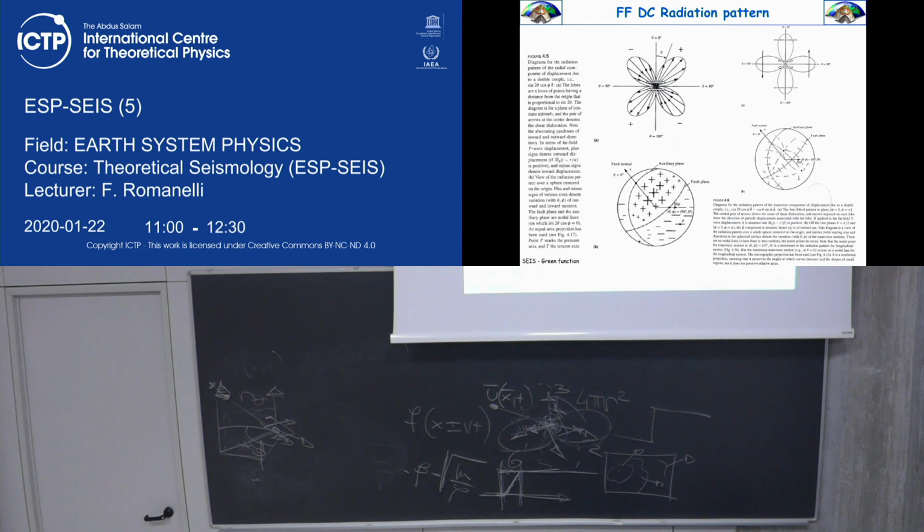This is what we're going to use from now for 5 minutes and the next lecture. Because now we have all the tools to predict something. Thanks to the representation theorem, we found the double couple. Thanks to the Green's function, we found the solution.